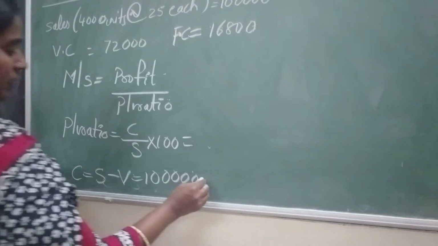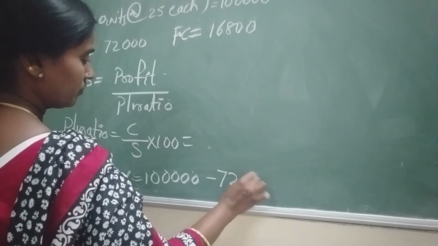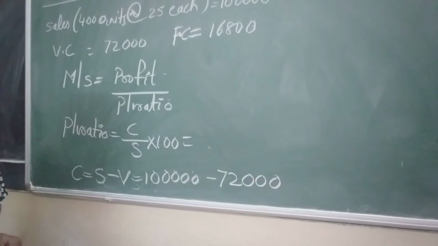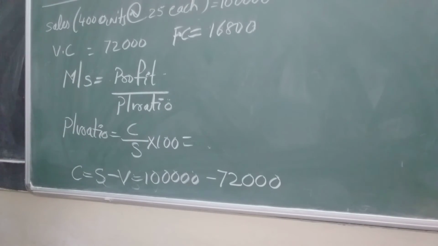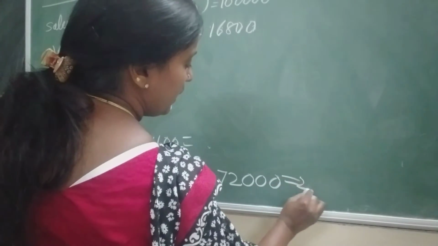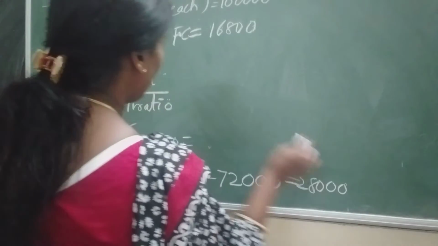Variable cost is given as 72,000. So 1 lakh minus 72,000 if you do, you are going to get 28,000. Okay.